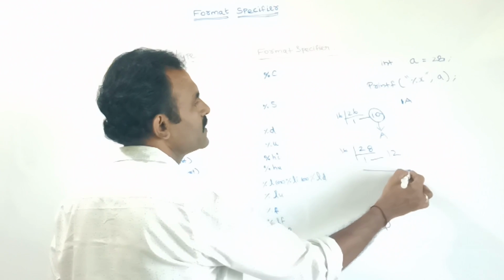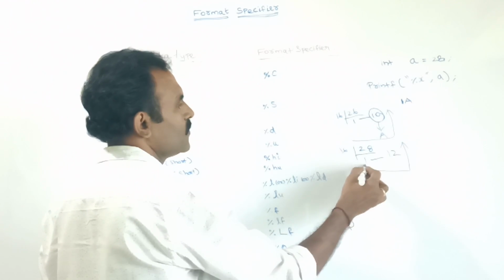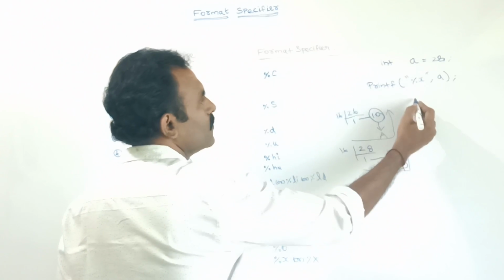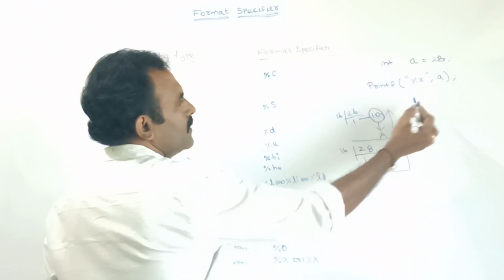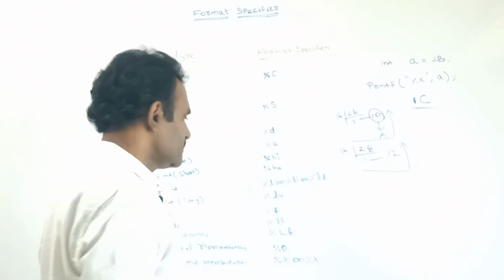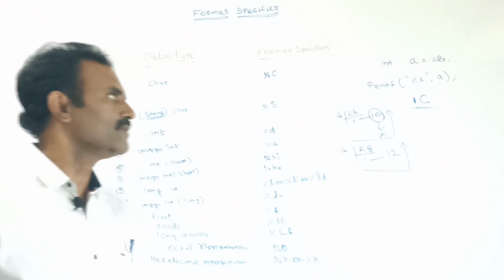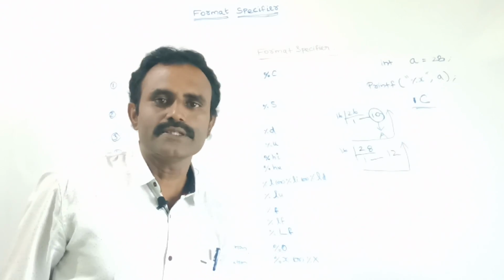It will display the value in this direction, 1 and 12. Here the output will be 1. For 12 the value is C, so 1 and C. In this way we can display the hexadecimal numbers. We can convert the decimal number to a hexadecimal number.